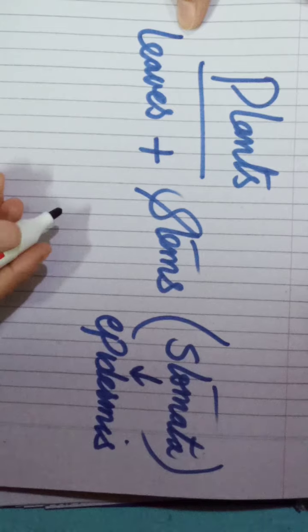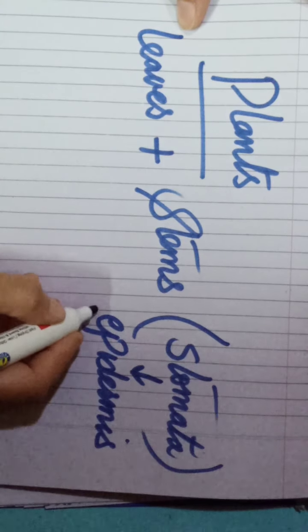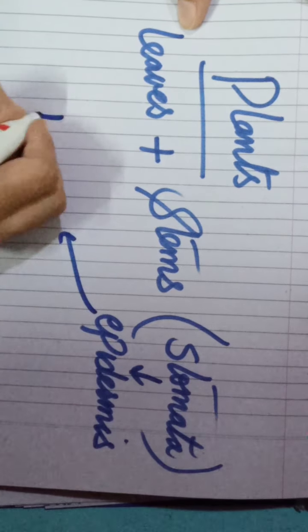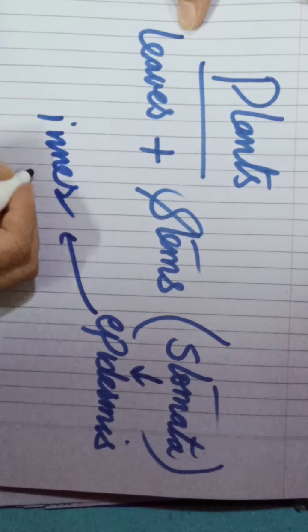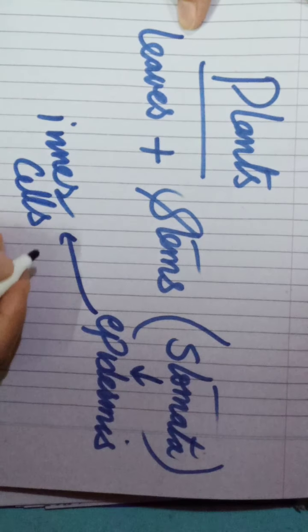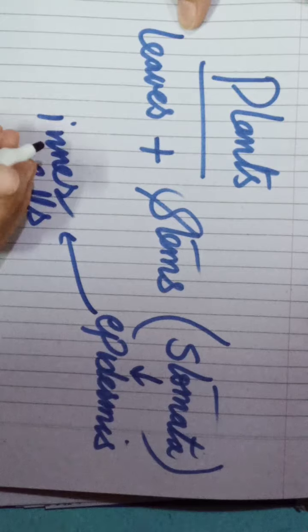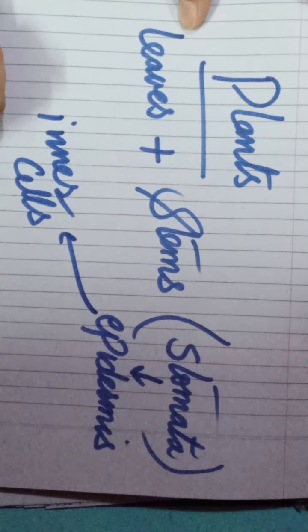The inner cells of the leaf, inside the epidermis, have specified areas called the mesophyll cells.